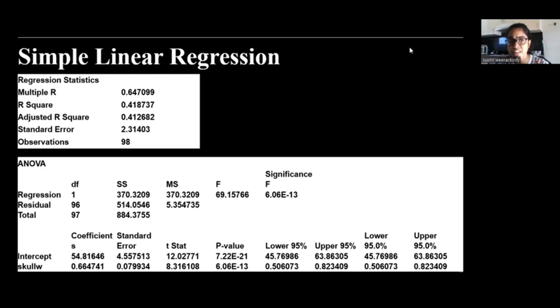As you see in the regression statistics, the multiple R is 0.64, R square 0.41, adjusted R square is 0.412, standard error 2.31 and observations 98.